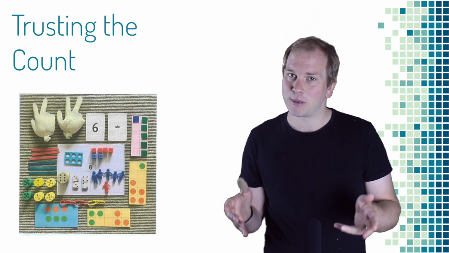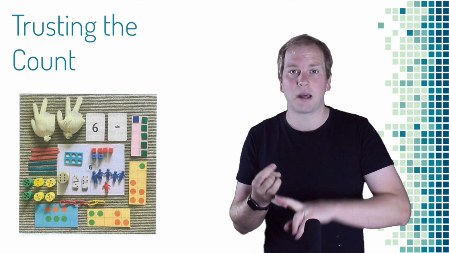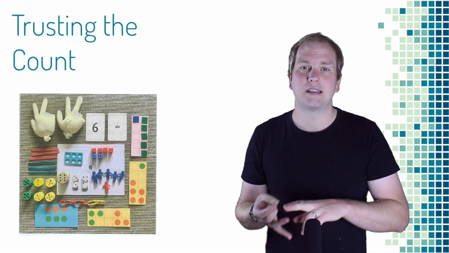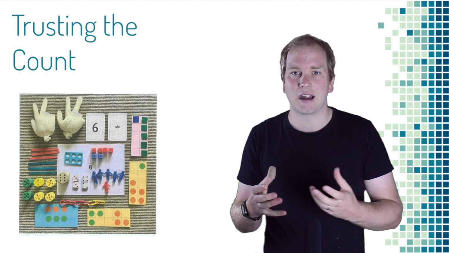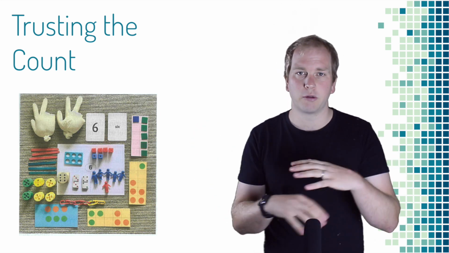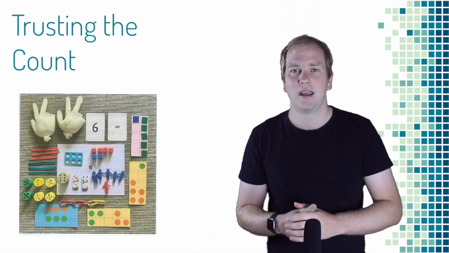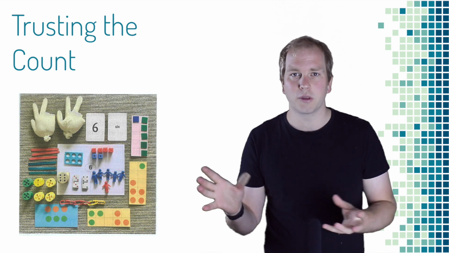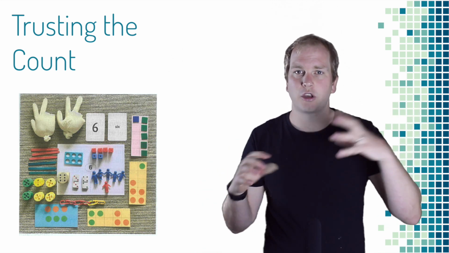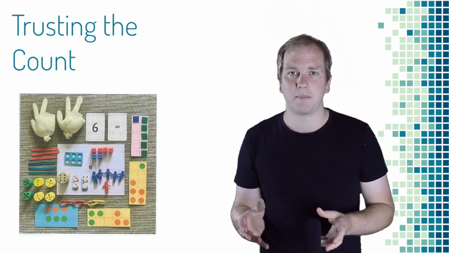But then perhaps we're too quick to just move on, when really we need not just the number bonds for 10, but we need to have those sophisticated understandings of the number bonds for all our digits so that we can become really, really flexible. And I guess that's fundamentally what trusting the count's about. It's about having those number bonds for all the numbers and that mental imagery so you can call upon them, call upon the right context for the right time.